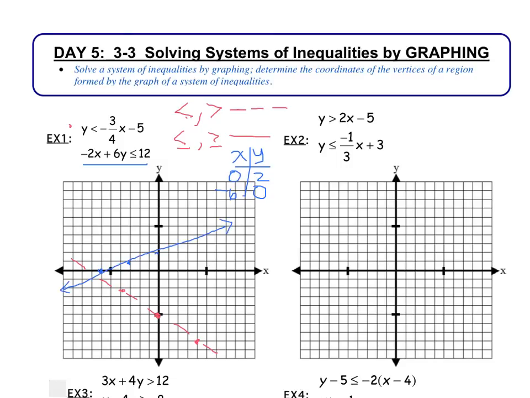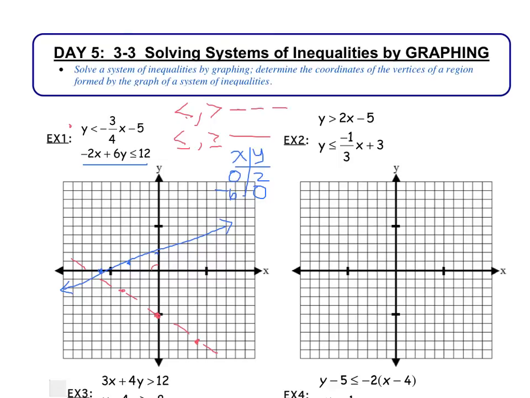Alright, so now, as we talk about the shading, a couple of things that you can do. You can test points to find the correct solution. A lot of times, if I go back to my first inequality, if I wanted to determine whether or not to shade above the red line or below the red line, I could test the origin.